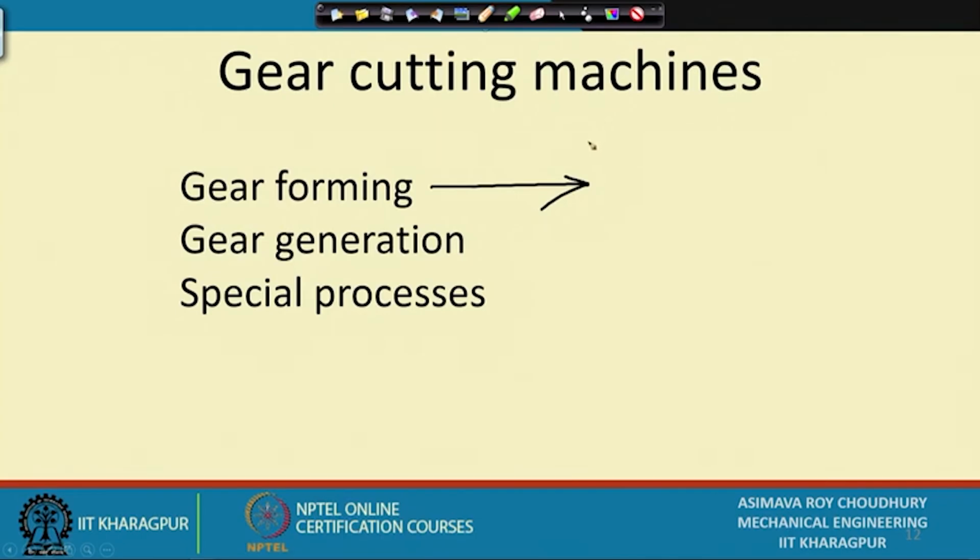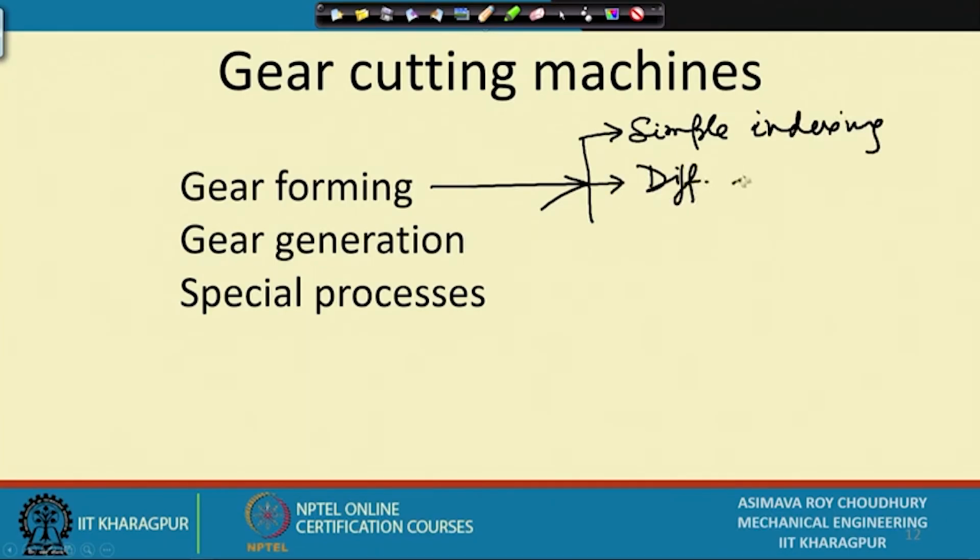Here we have discussed simple indexing, which comes in handy during milling. We have discussed differential indexing, all very relevant to gear cutting, and we have also discussed something about helical milling.